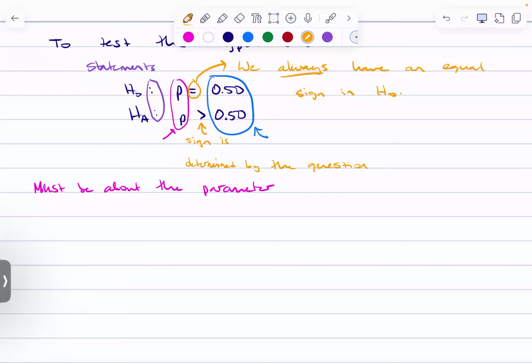We've got some options. We could have not equal to, right? Is there a difference? You could have less than, or you can have greater than. Notice that there's no overlap with equal to, because the equal to has to be in your null hypothesis. And then the 0.5, they have to be the same for both hypotheses, right? And so these must be the same.